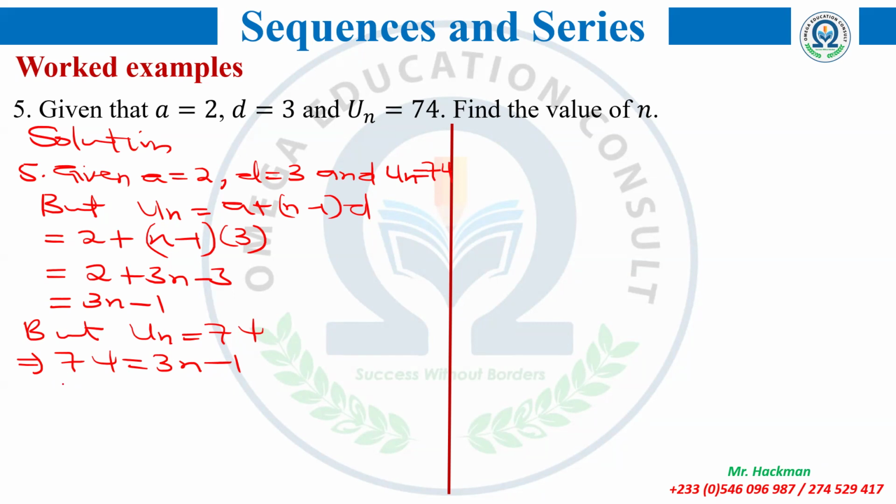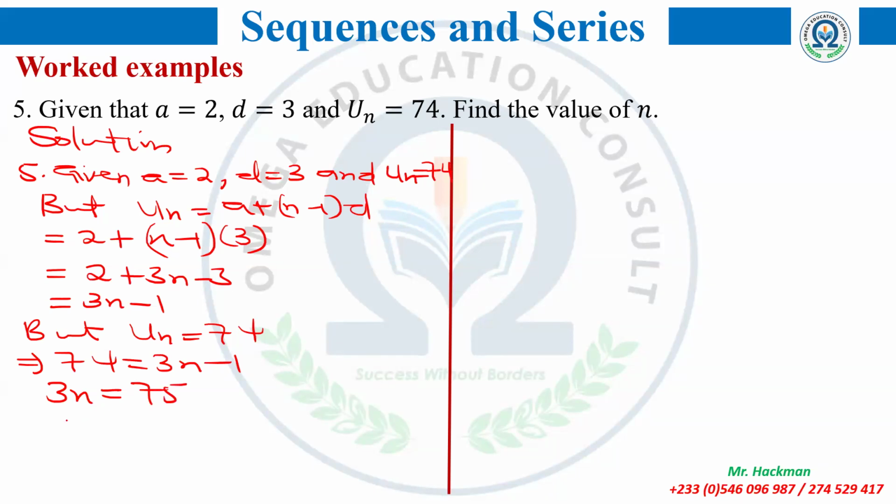You are moving, keep the 3n there. 3n is equal to 74 plus the 1, which will give you 75.